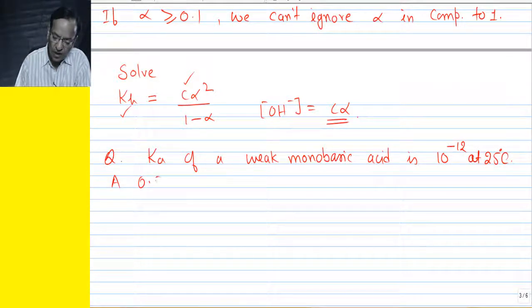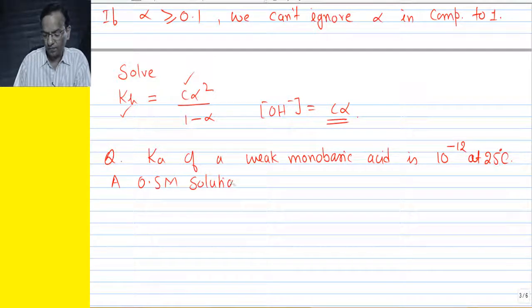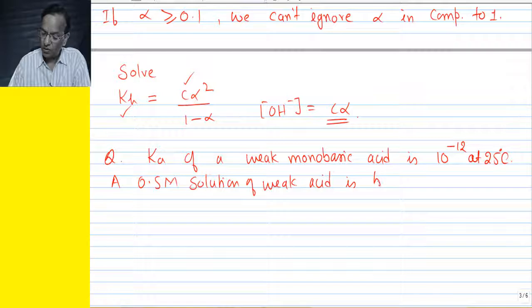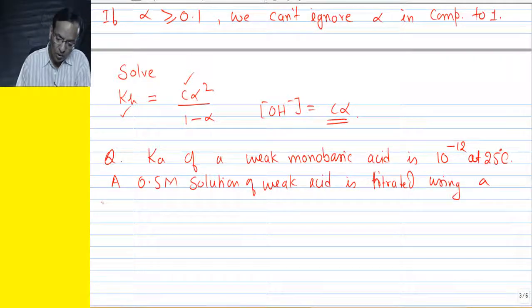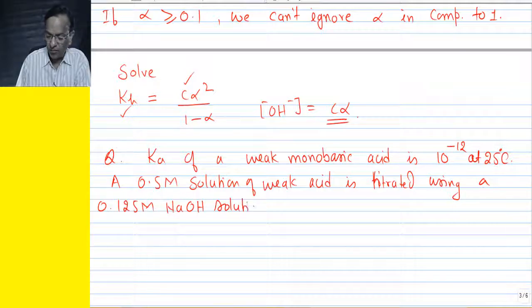A 0.5 molar solution of weak acid is titrated using a 0.125 molar NaOH solution.